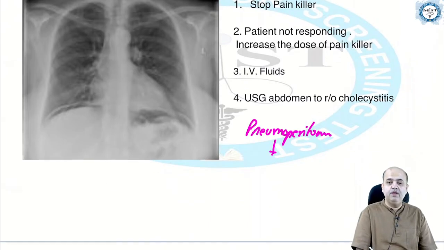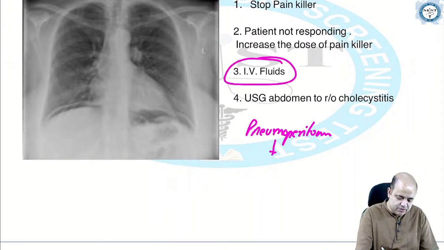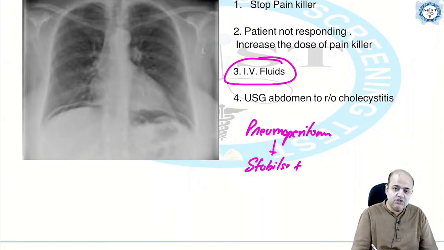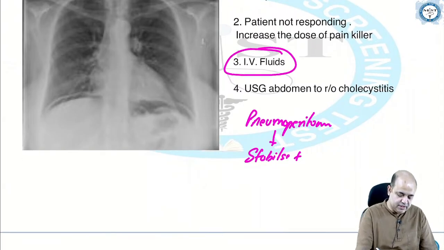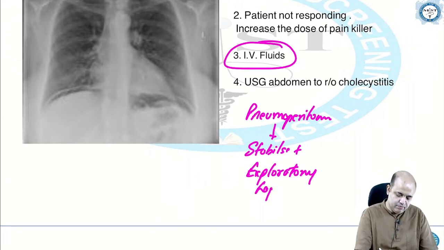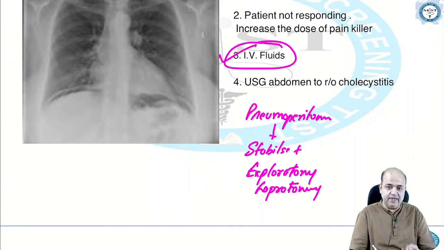We do the stabilization of the patient, and for the stabilization we will do the IV fluids, plus exploratory laparotomy to identify the site of the perforation and repair the bowel wall. So the correct answer would be IV fluids to stabilize the patient.